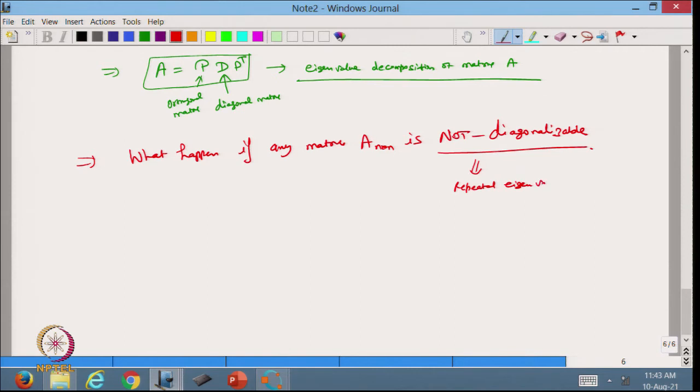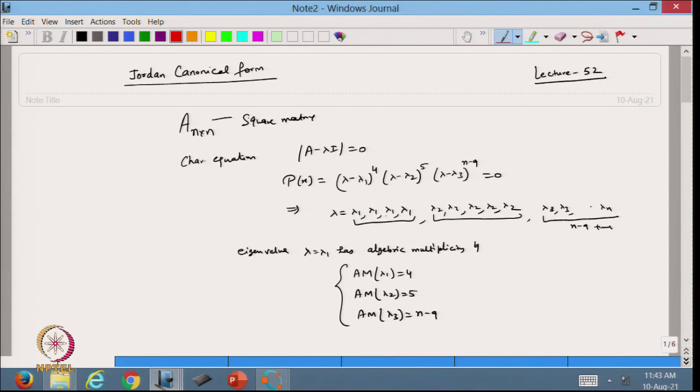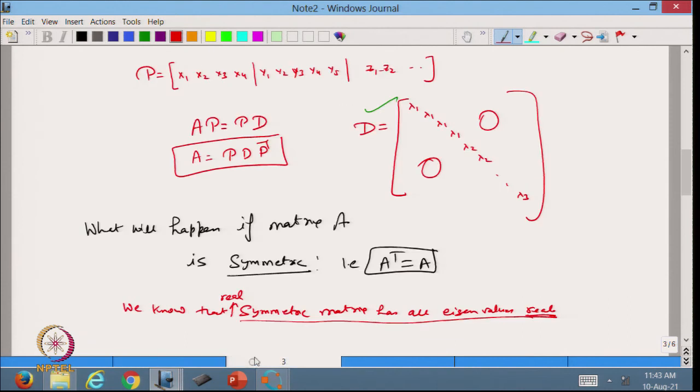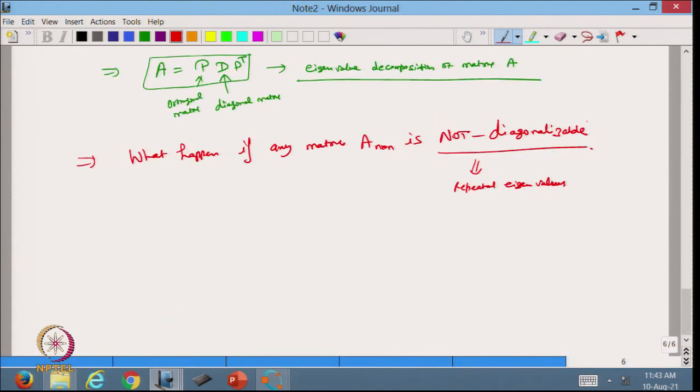In the starting we have shown that this eigenvalue is repeating 4 times, this one 5 times, and this one n minus 9 times. Whenever we have repeated eigenvalues, the matrix may be diagonalizable or may not. That is one of the very important questions about the matrix. When we have distinct eigenvalues, the corresponding eigenvectors will be linearly independent and the matrix will be diagonalizable.